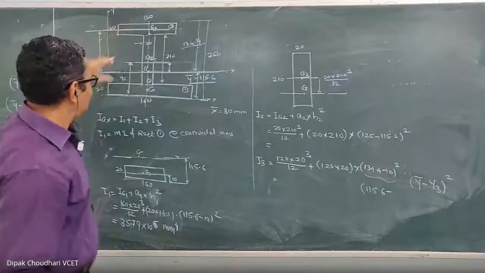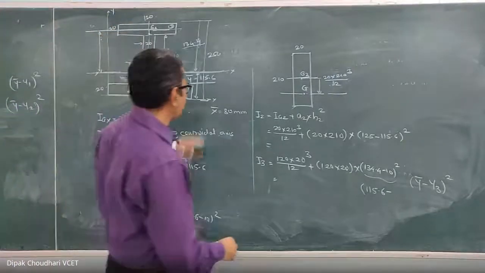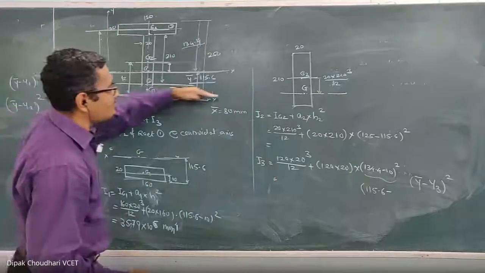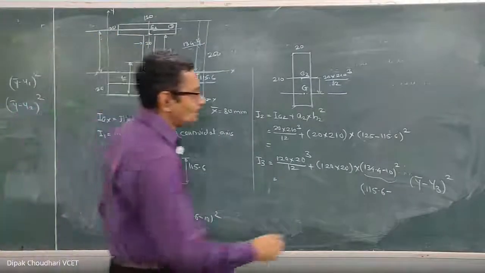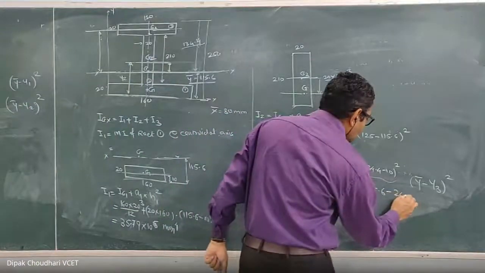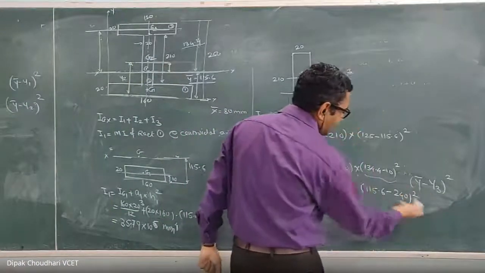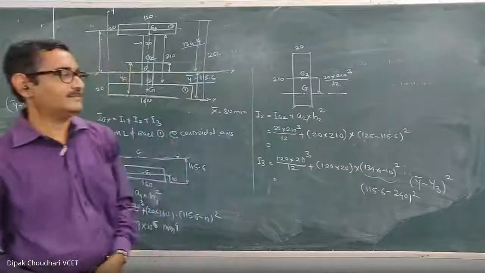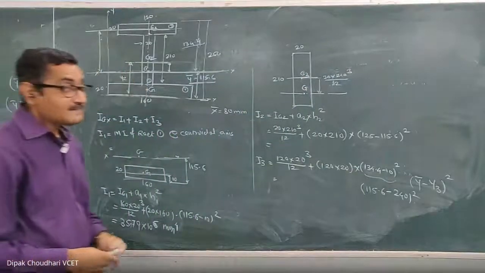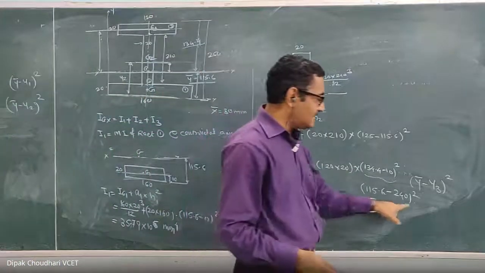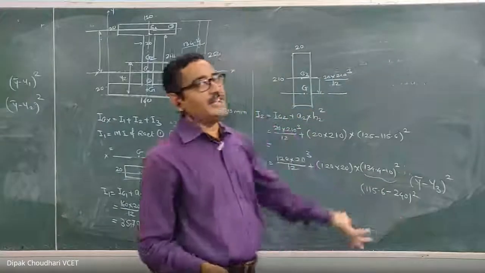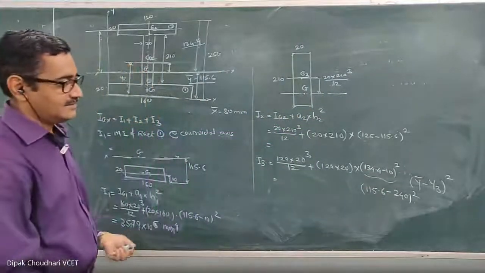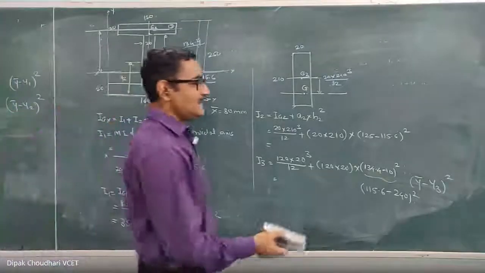That is the distance of the centroid from the bottom x-axis. So it is 240. The (114 minus 240) whole square. This answer and this answer are both the same. Square का आंसर सेम आएगा, otherwise this is negative, but since we are squaring it, it doesn't make any difference. In this way you can get the I3.